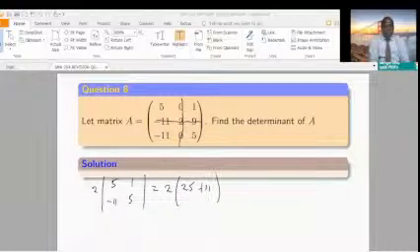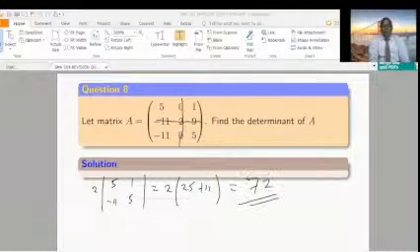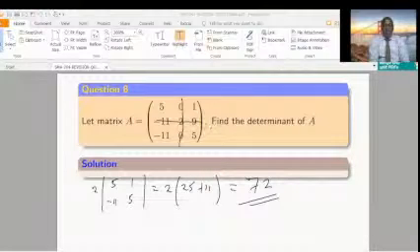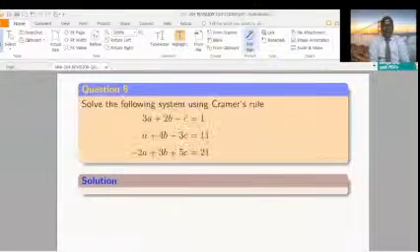This is 72. And of course, you can check one of my videos on how to find determinants of higher order matrices, so that you learn. We are just revising what you've done earlier in this question.